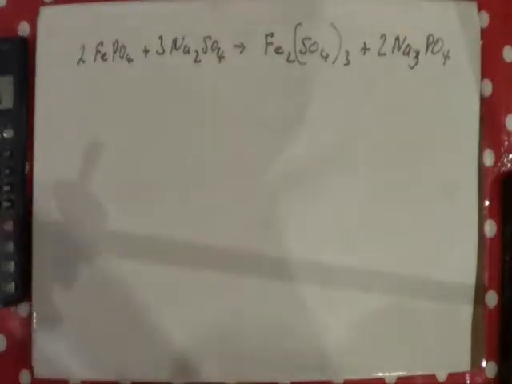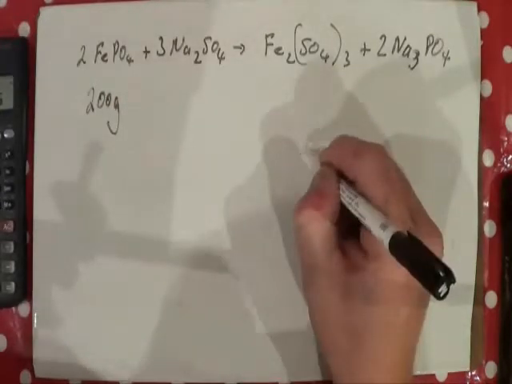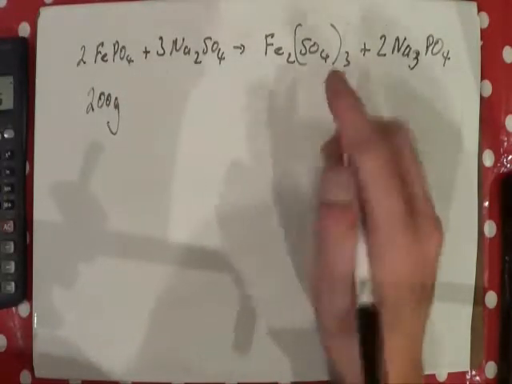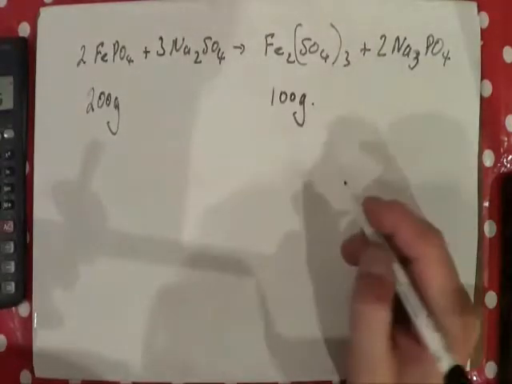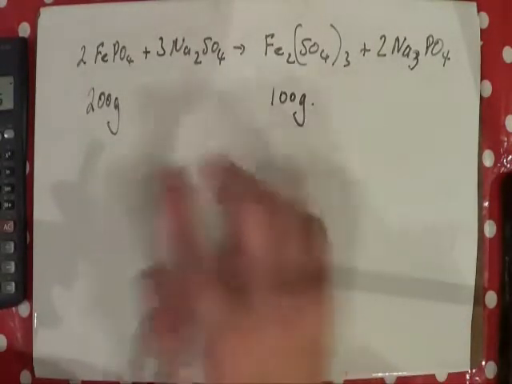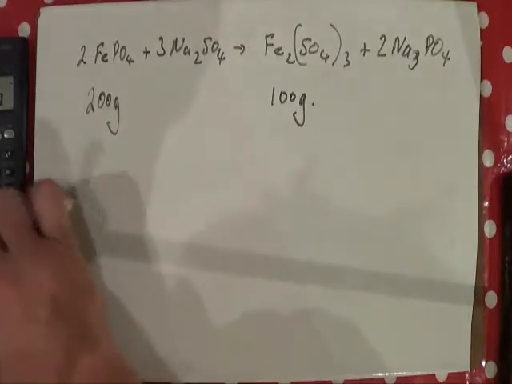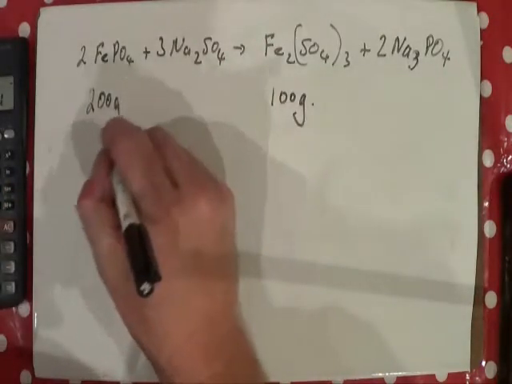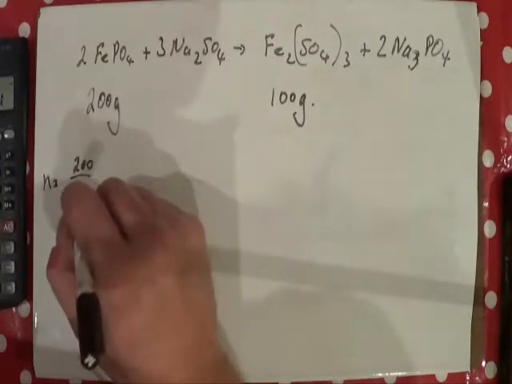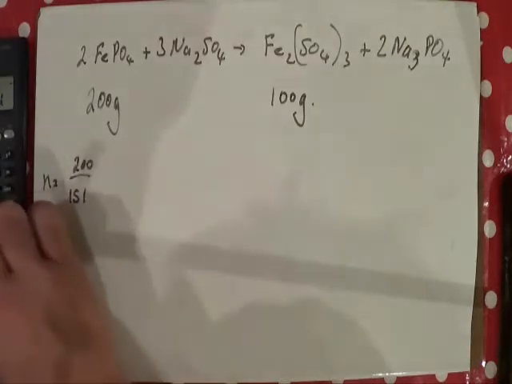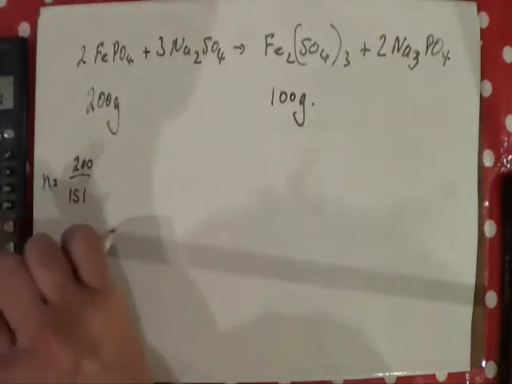So let's say this time we have 200 grams of this, and we are going to make 100 grams of that. We have to work out this time the percentage yield. We've got to work out the number of moles of this, so it's 200 over 151, which is the RFM of the iron 3 phosphate.